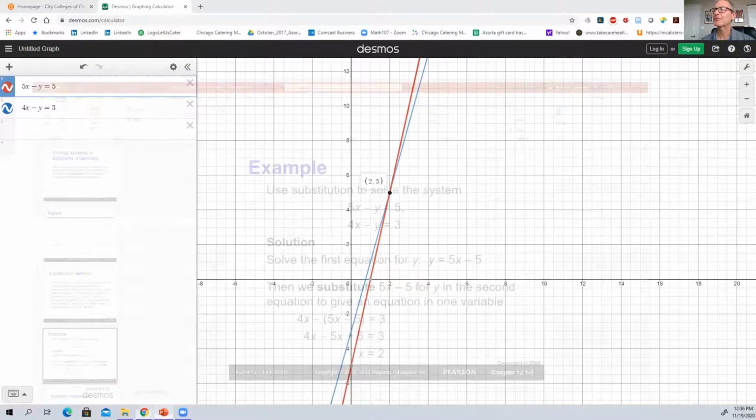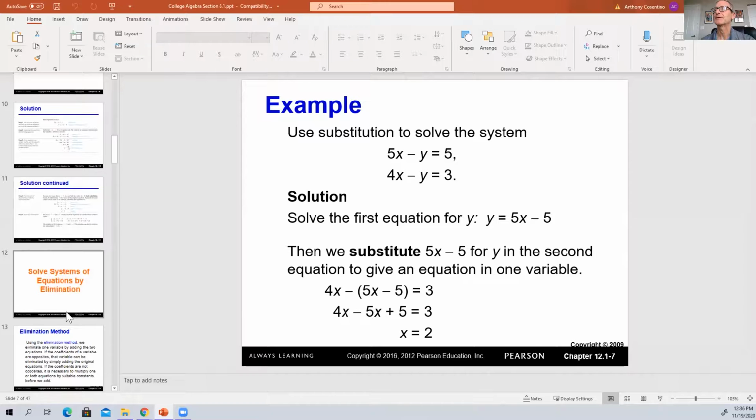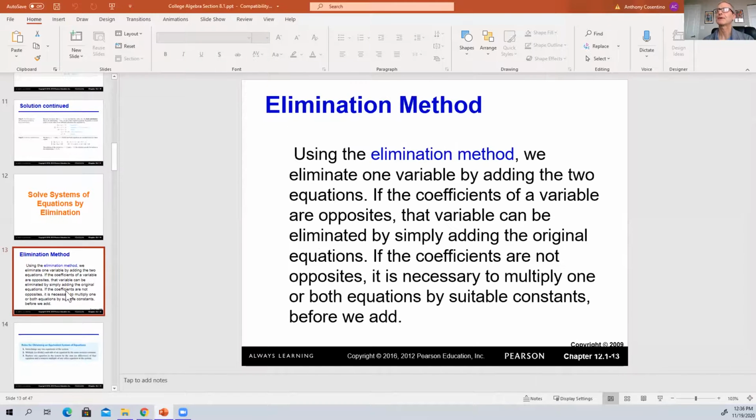So hopefully everybody was familiar with that technique. The technique we are going to introduce is this idea of elimination. What do we mean by elimination?